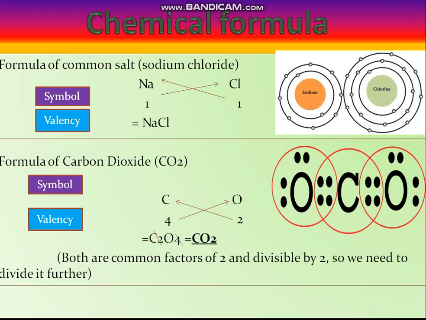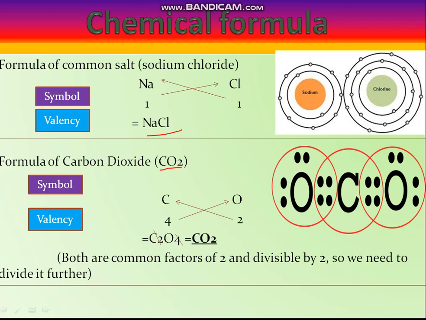Next is the formula for carbon dioxide, that is CO2. So C and O: carbon valency is 4 and oxygen valency is 2. But do you feel something odd over here? Yes, you are absolutely correct.